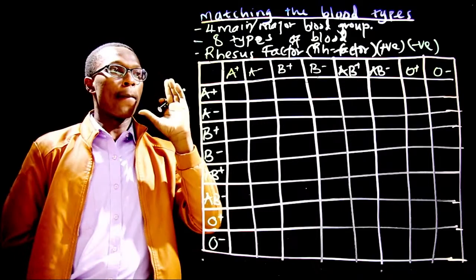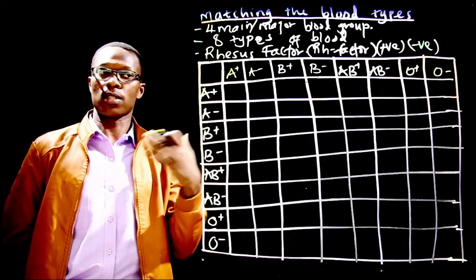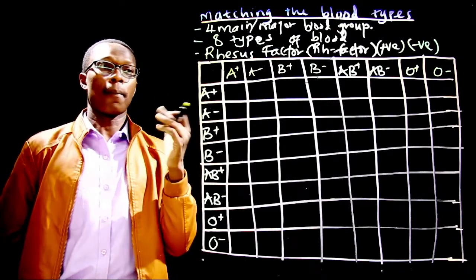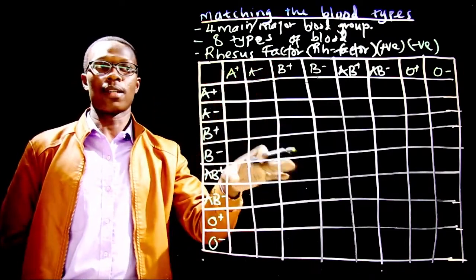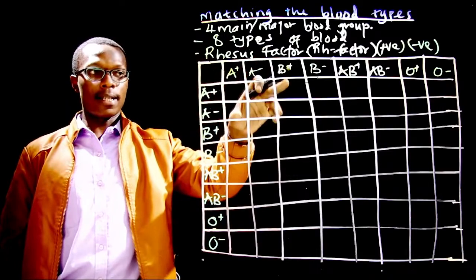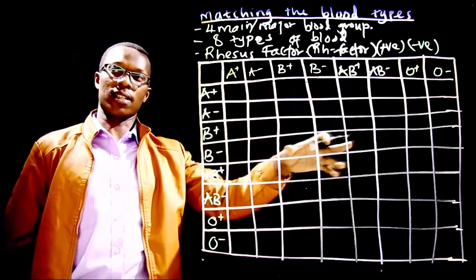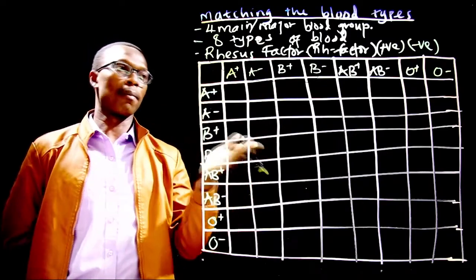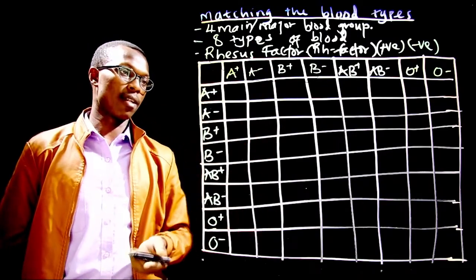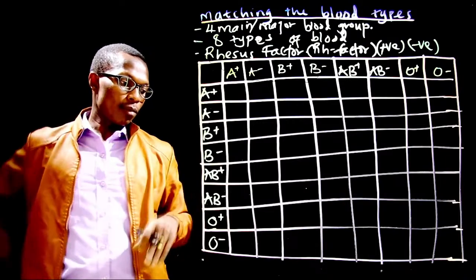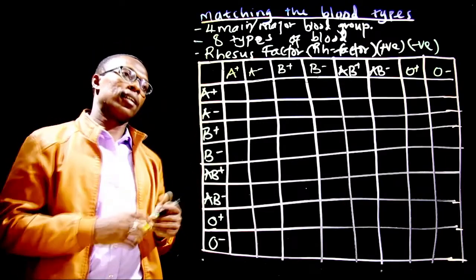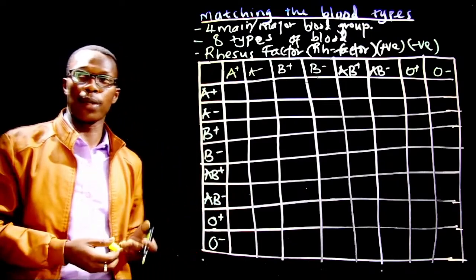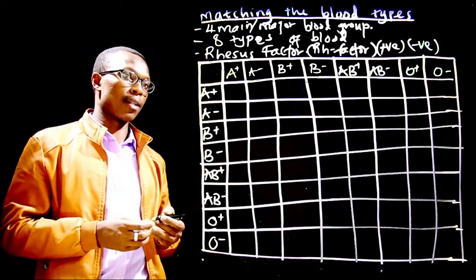Those 4 major blood groups were just to help us understand the main groups, but now we break them down, and what helps us break them down is the RH factor, whether the blood group is positive or negative. Now we want to see whether donation can apply the same way we did with the 4 major blood groups.